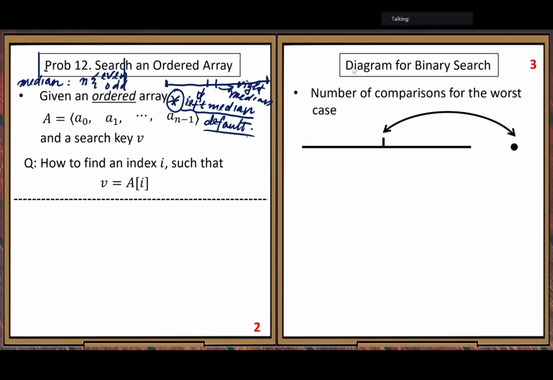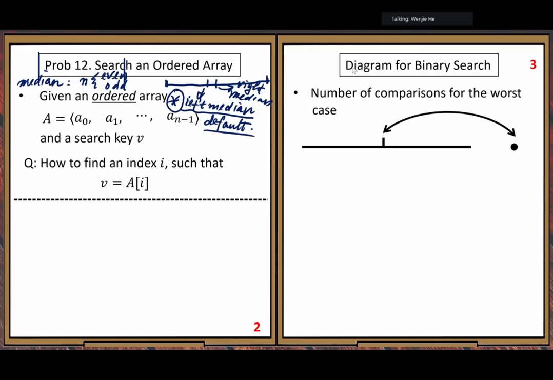So then you do not need to separate even or odd, left, right. People don't want to say that much. Just use the left median as the default median when n is even.